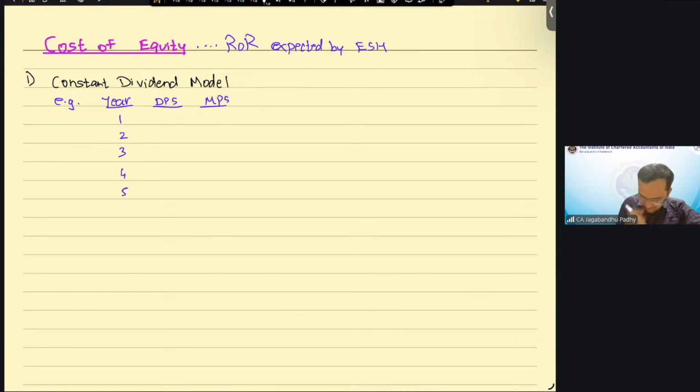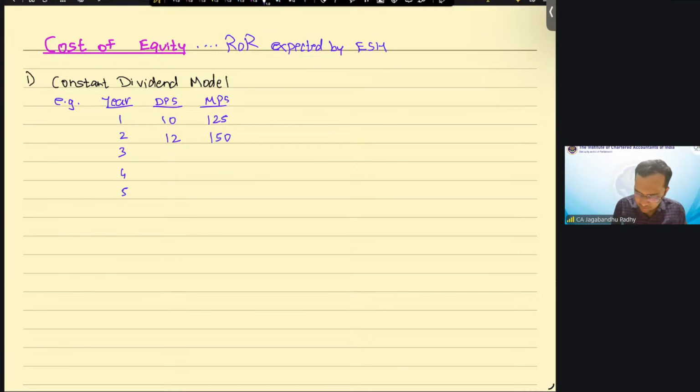In the first year, company gave a dividend of 10 rupees. Then the market price of the share at the time of dividend declaration was, let's say, 125. Next time, company gave a dividend of 12. Then the market price became 150.